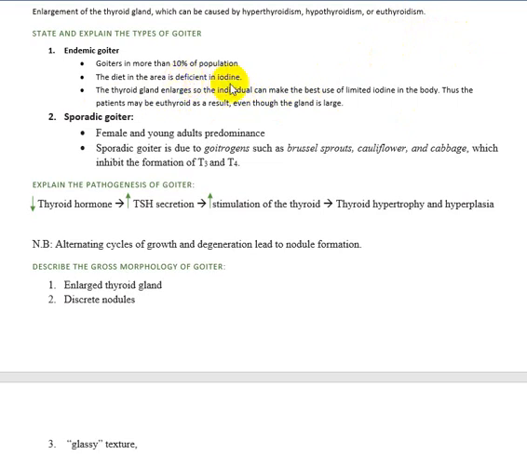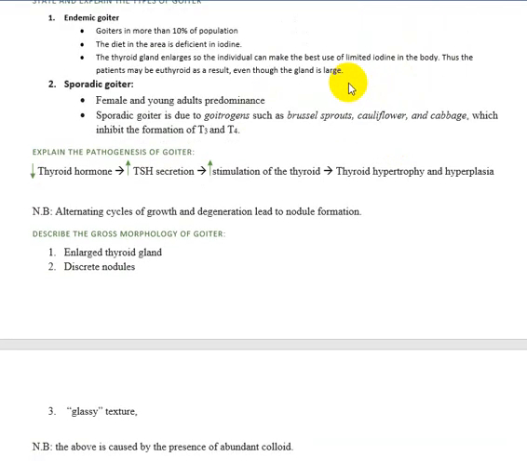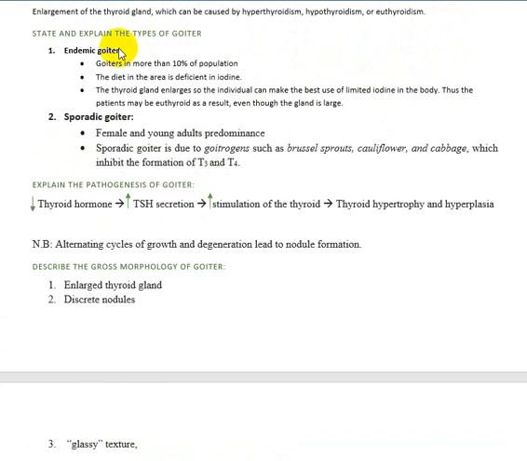You have a deficiency of iodine in a particular region, so your thyroid gland increases to take much more iodine. When it increases like that, it compensates and reaches the normal level of iodine intake. When it reaches the normal level of iodine intake, it produces the thyroid hormones normally, and thus we say that it undergoes euthyroidism. So you can see a patient who has a goiter but is euthyroid.